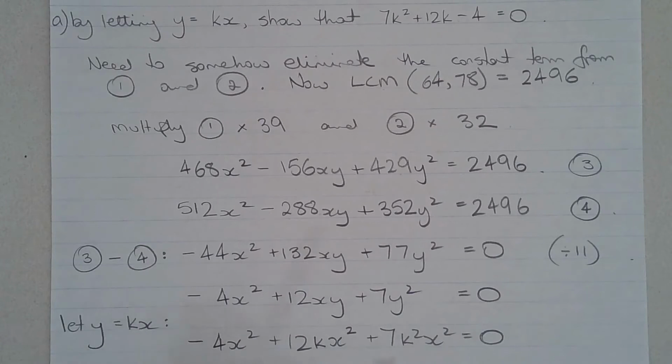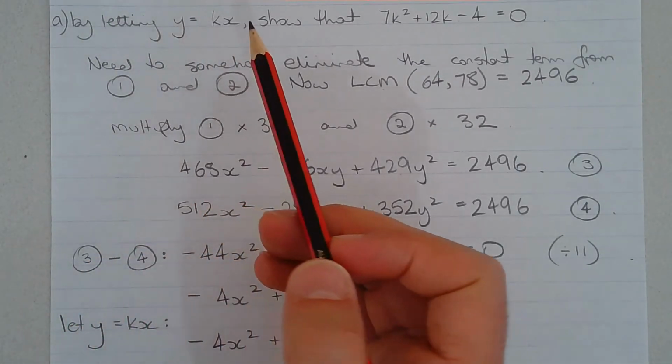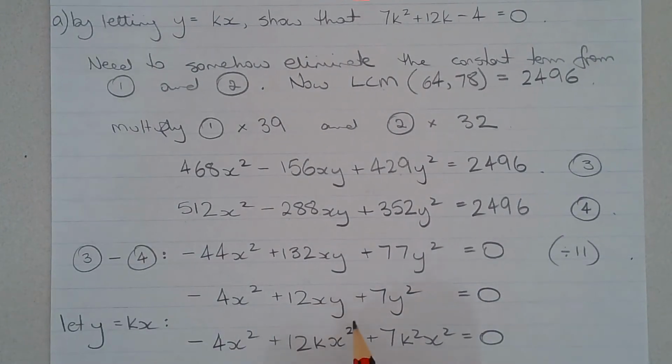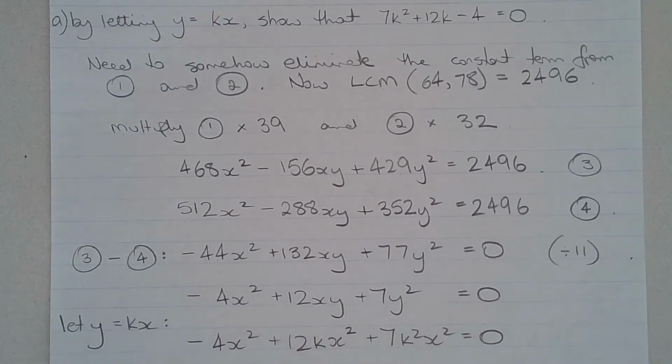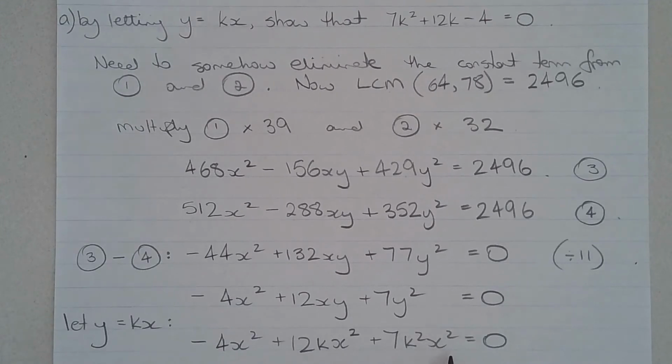That's what we're told in the first part of the question. Anywhere you have y in the equation, just substitute kx in its place and multiply it through, and you end up with 12kx squared and 7k squared x squared.